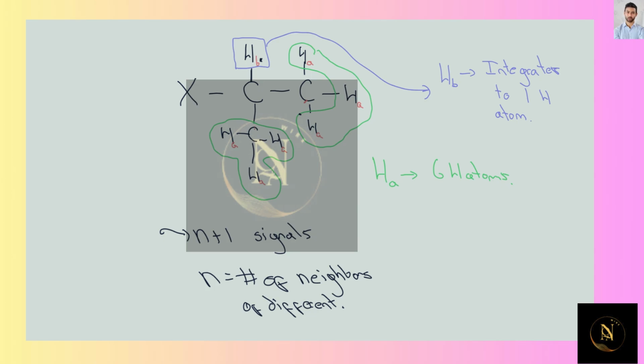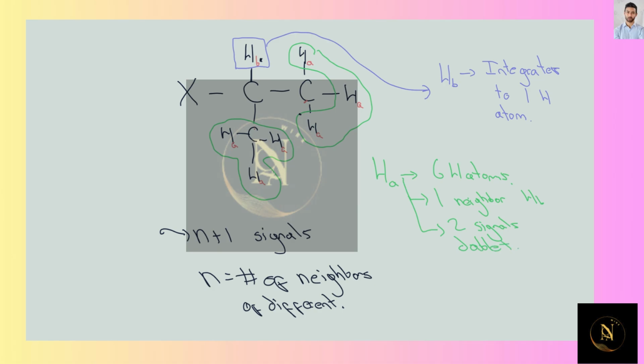Okay? So, in the case of hydrogen A, the signal amounts to 6 hydrogen atoms. We have only one type of neighbor, which is hydrogen B. So the signal would have two different signals, which corresponds to a doublet.